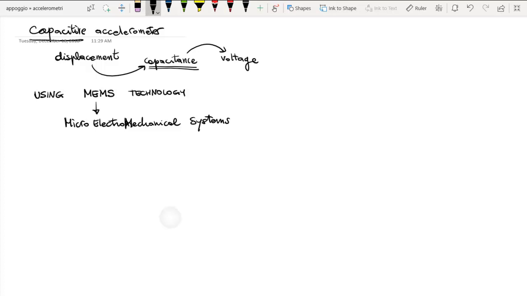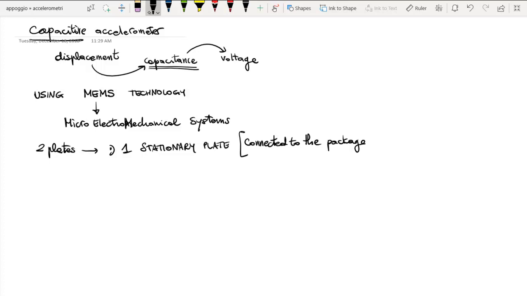Okay? So we need two plates. One is a stationary plate, a fixed plate that is connected to the package, to the case, and then we need the moving plate which is connected to the mass that is oscillating.